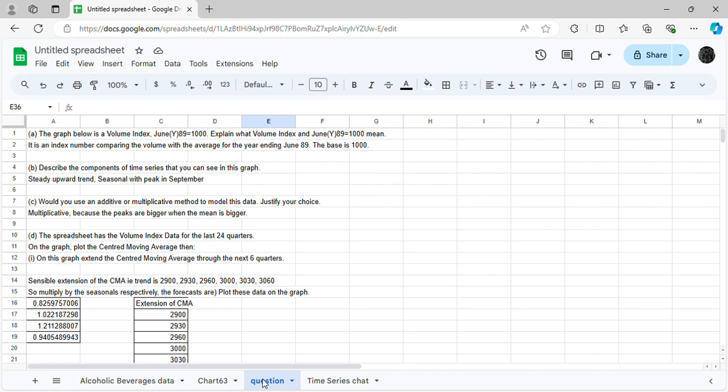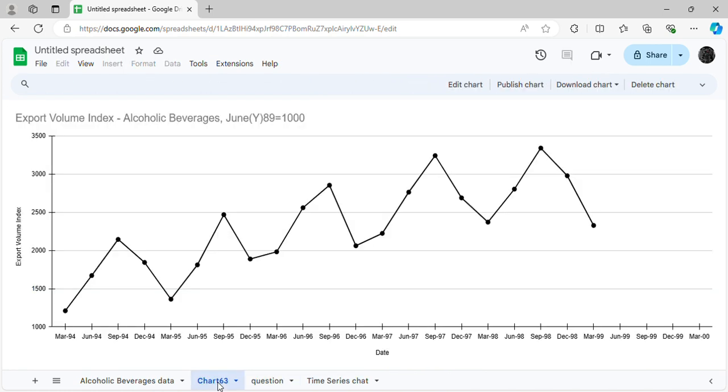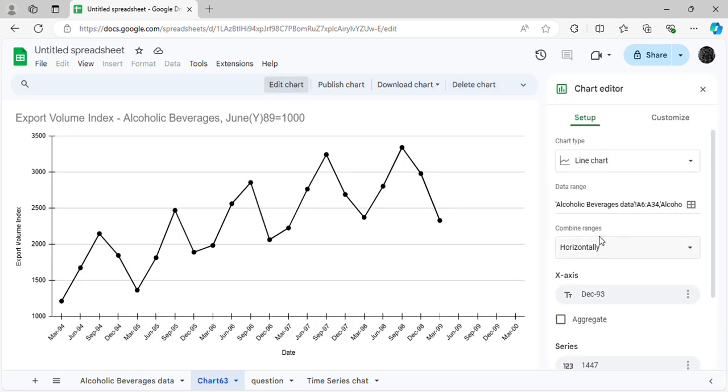The spreadsheet has the volume index data for the last 24 quarters. On the graph, plot the centered moving average. So let's plot the centered moving average on this graph. Let's edit the chart.